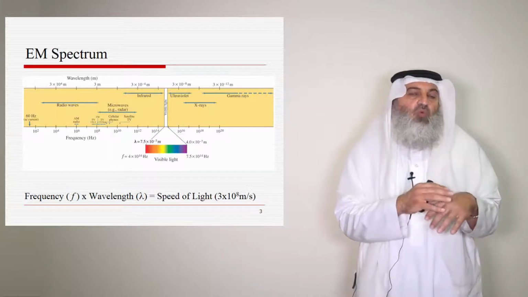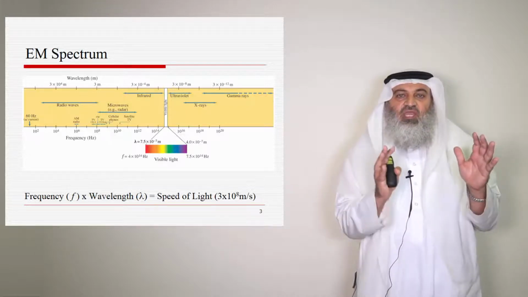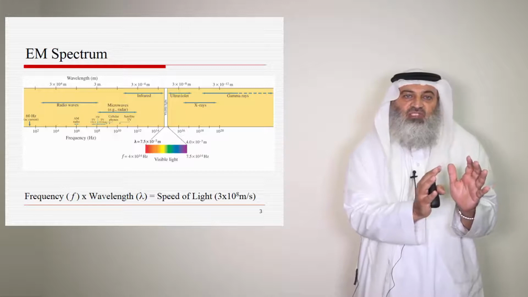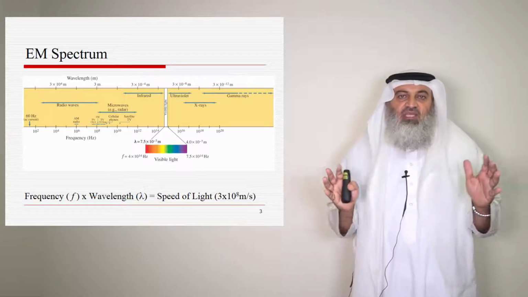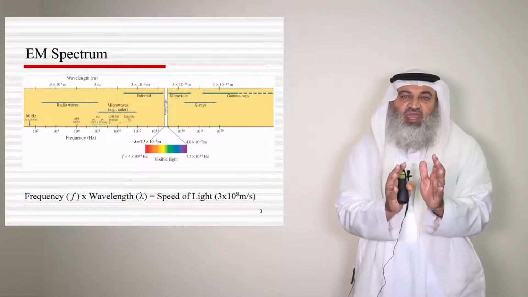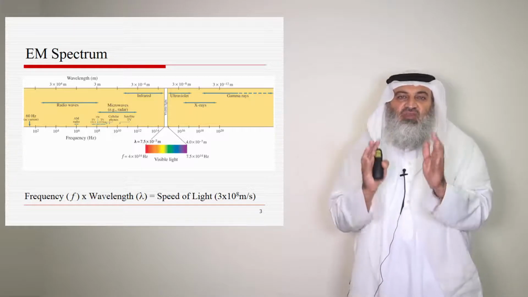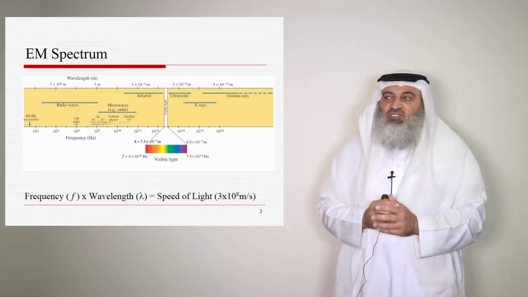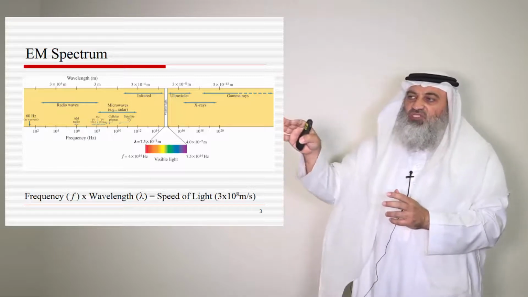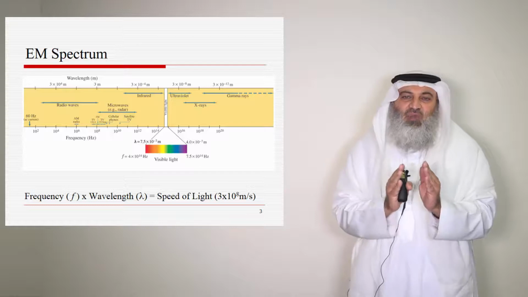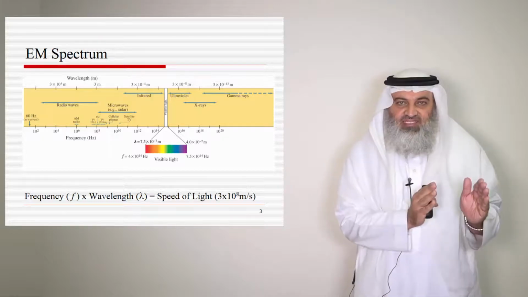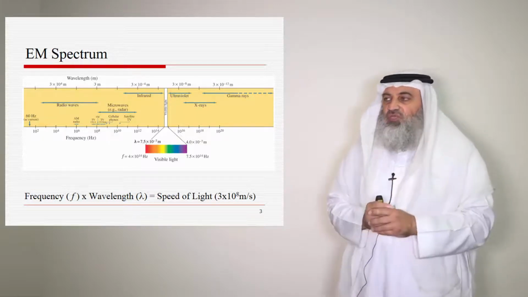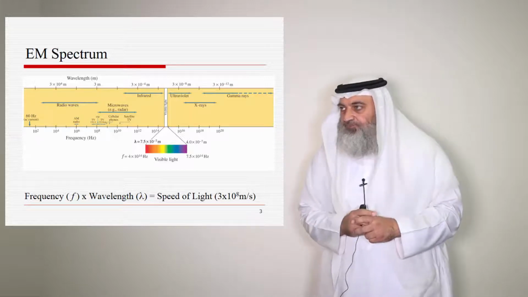So AM worldwide is allocated a certain frequency for broadcasting. FM worldwide is agreed to broadcast in a certain band. Satellite communication is given a certain band. GSM is given a band. In fact, it's given 2 bands. And these are shown here. So you can see on this spectrum what part of the spectrum is assigned to what communication application.